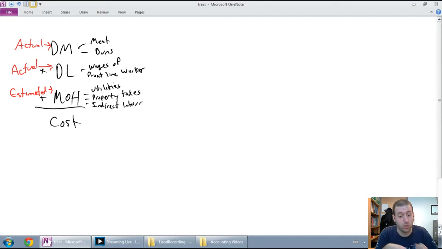The supervisor who works by the grill, watches the employees and makes sure they're making the burger right, that's indirect labor. Indirect labor costs occur in the kitchen or the factory or the place where I make my product. On the same line, we could have indirect materials. Indirect materials are costs of products that we use up to make burgers, but they don't actually go in the burger.